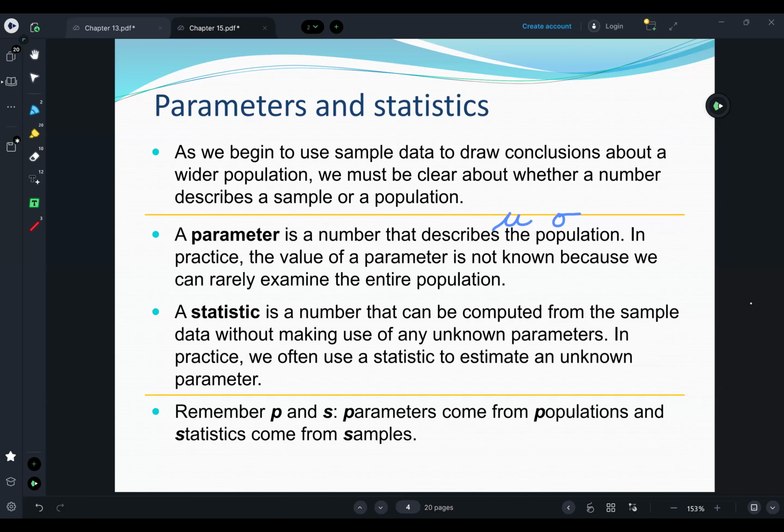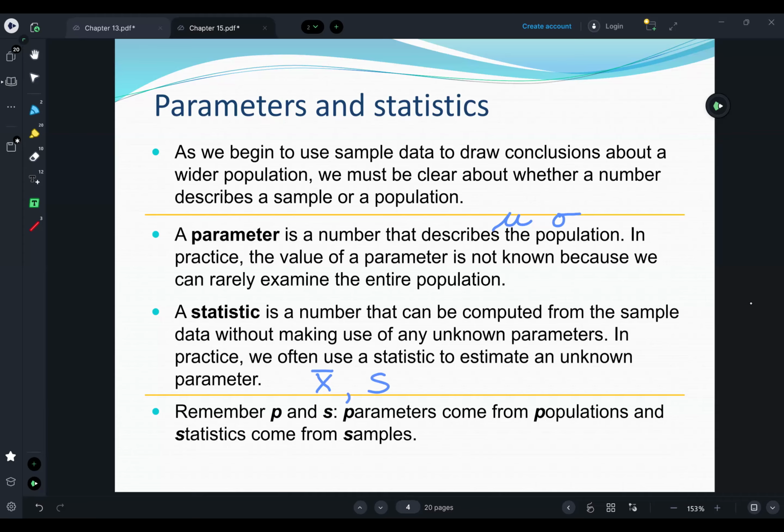So the parameters describe the population, and the statistic describes the sample. The measure of center, mean mu, is for the population, and the statistics for the sample would be X bar and S.